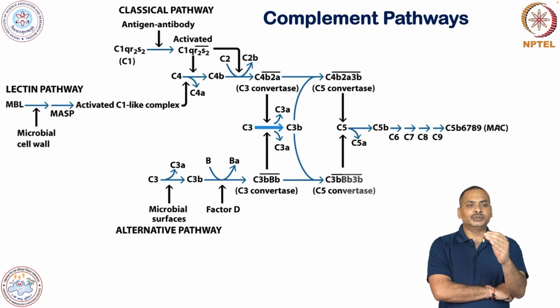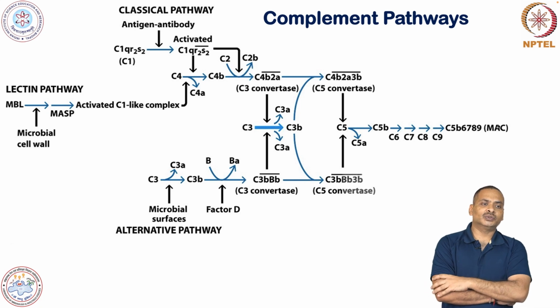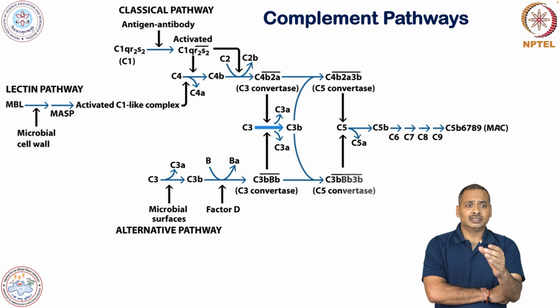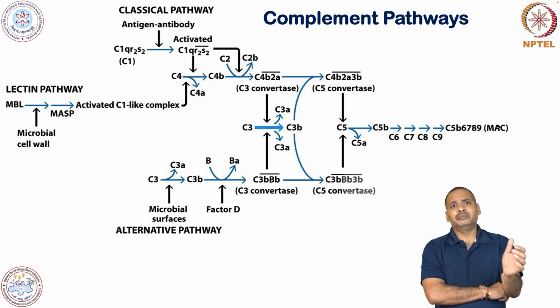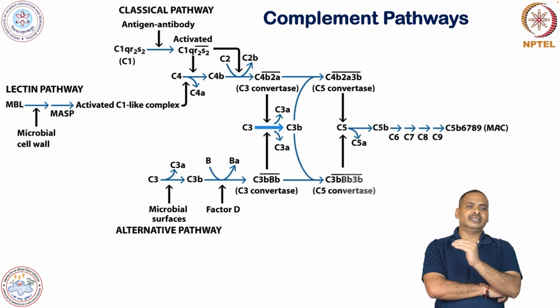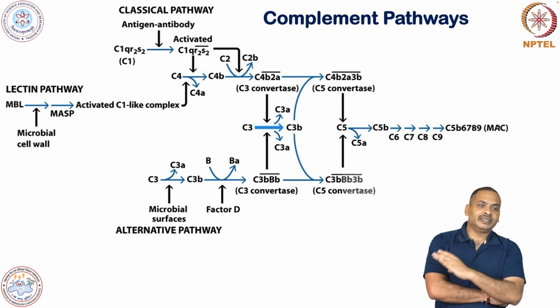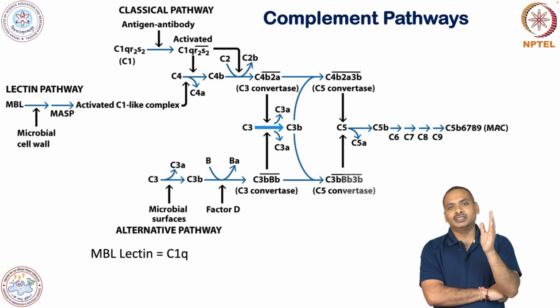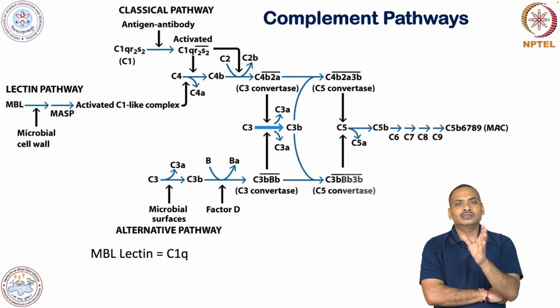Here you can see the lectin pathway, and this lectin pathway is basically initiated by MBL, mannose binding lectin. If you remember the classical pathway, there is a C1 subtype known as C1q.